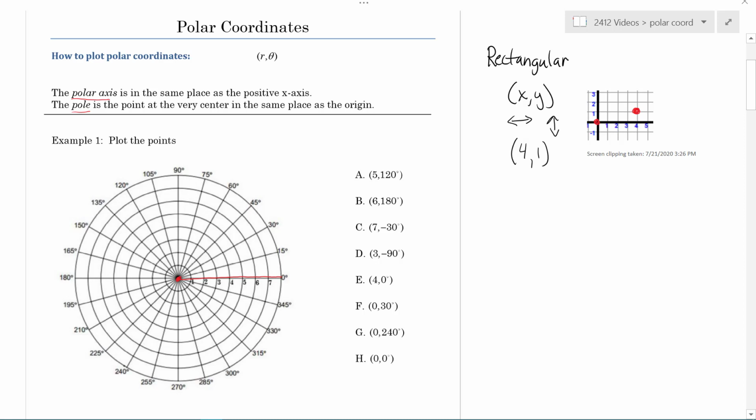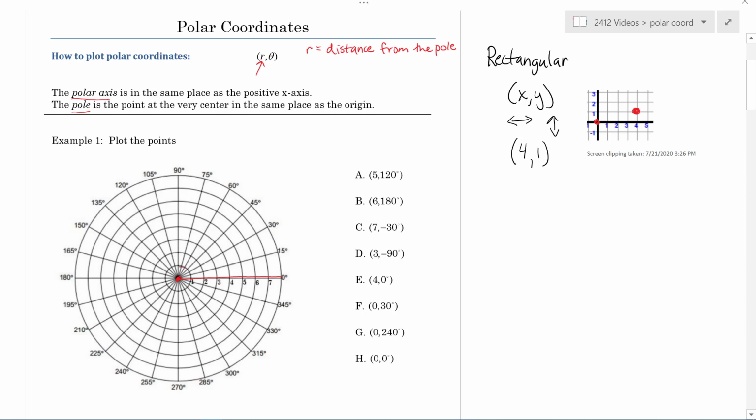So we're going to talk here about plotting points that are considered polar coordinates. When we do the ordered pairs for polar coordinates, the first number that you're going to see is what we call r. R is the distance that the point is from the pole. So how far away? What that really means is, what circle will I plot this point on?